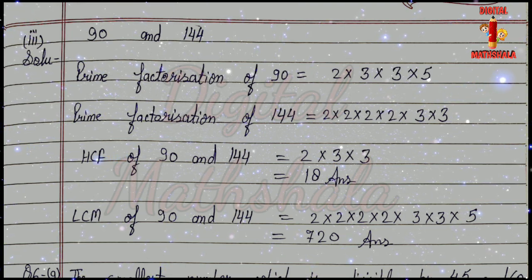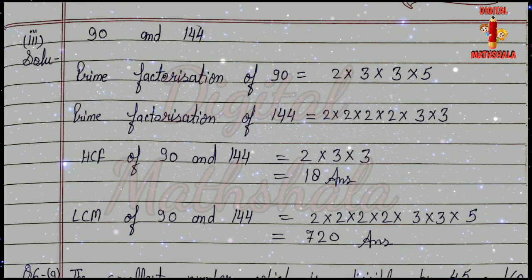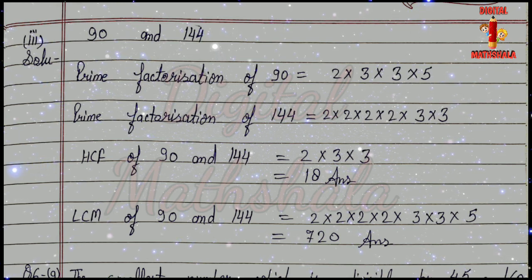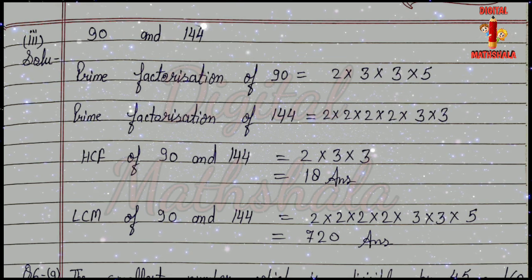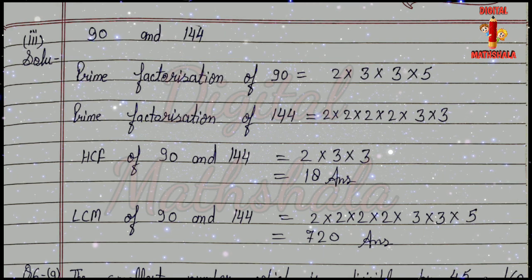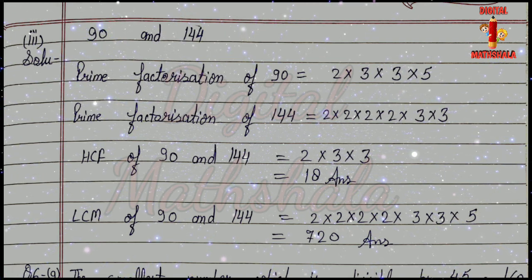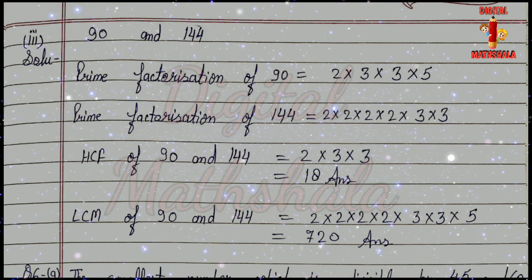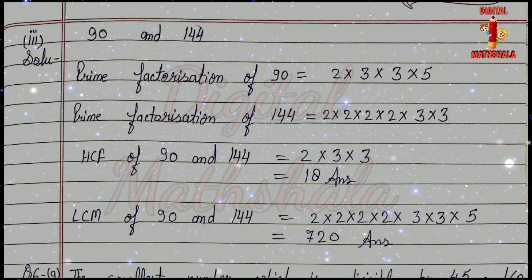Now we will try to find out the LCM. As I already informed, for the LCM we take the maximum number of times the factors appear in the prime factorization. 2 appears 4 times in the factorization of 144, so in the LCM we will take 2 four times. 3 appears twice in the factorizations of 90 and 144, so we will take 3 twice.